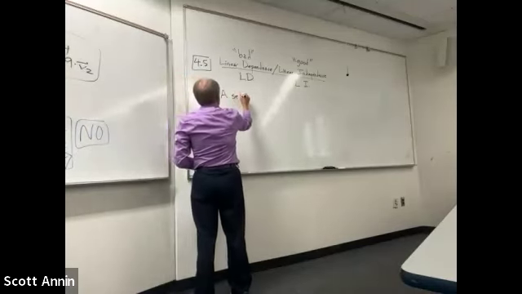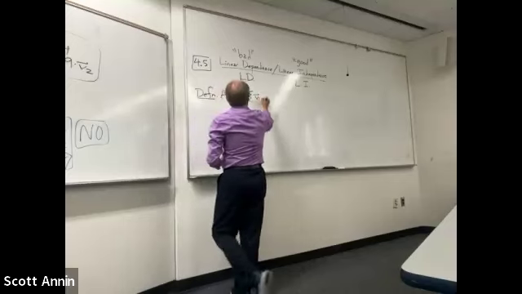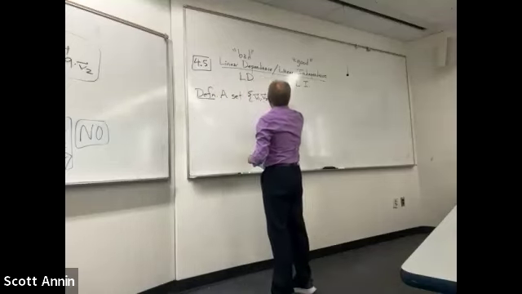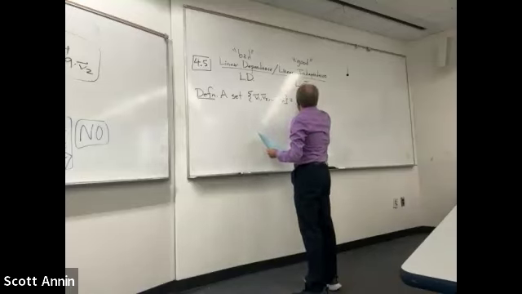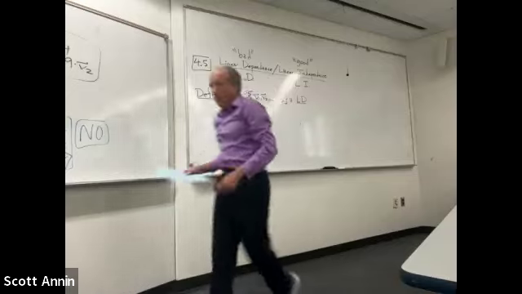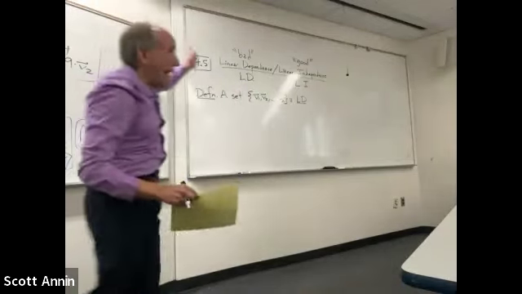So a set of V1, V2, up to Vn, is LD, linearly dependent. Remember, that's a bad thing.